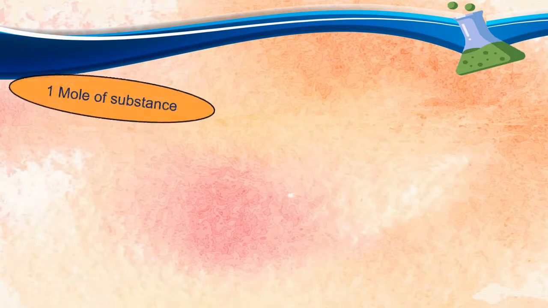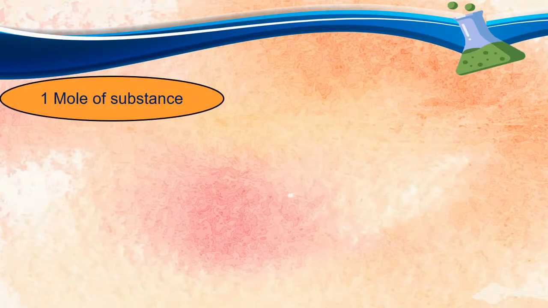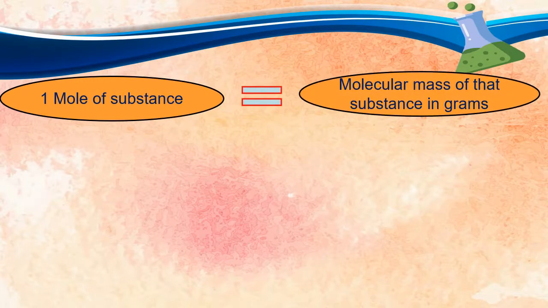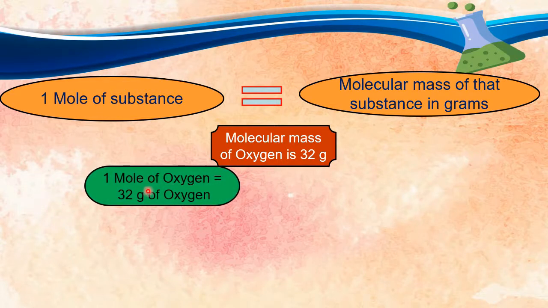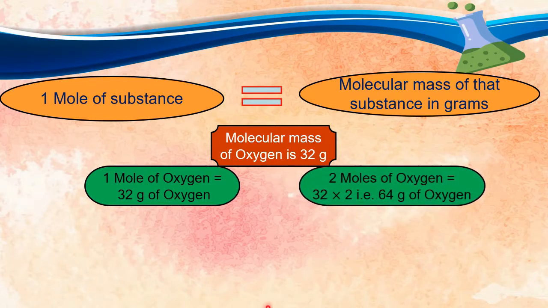As per the definition of mole, 1 mole of a substance is equal to the molecular mass of that substance in grams. Molecular mass of oxygen is 32 grams. Therefore, 1 mole of oxygen is equal to 32 grams of oxygen and 2 moles of oxygen is equal to 32 into 2, that is 64 grams of oxygen.